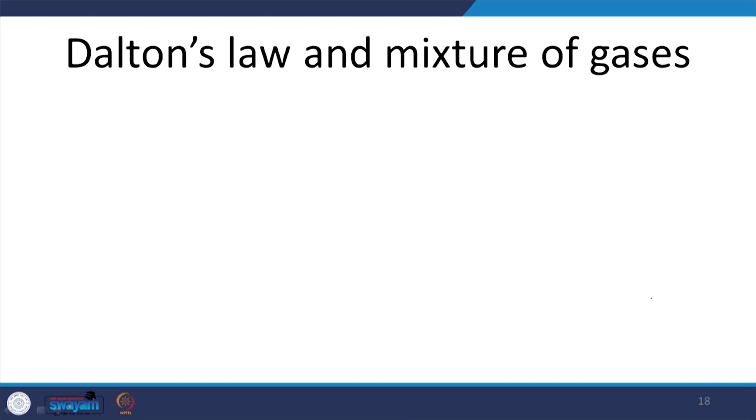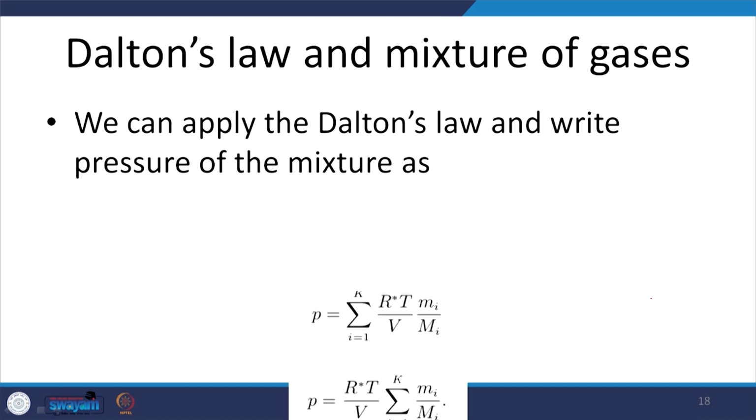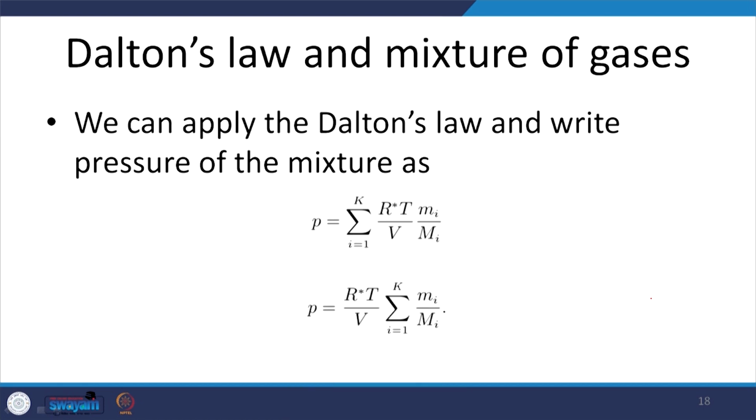So, when we apply Dalton's law, we can write the pressure of the mixture as the sum of all the different partial pressures. So, each i will be one partial pressure, right. Here R star is now the universal gas constant.